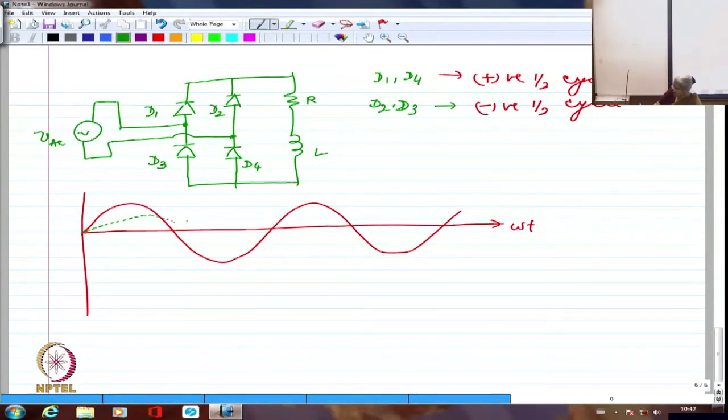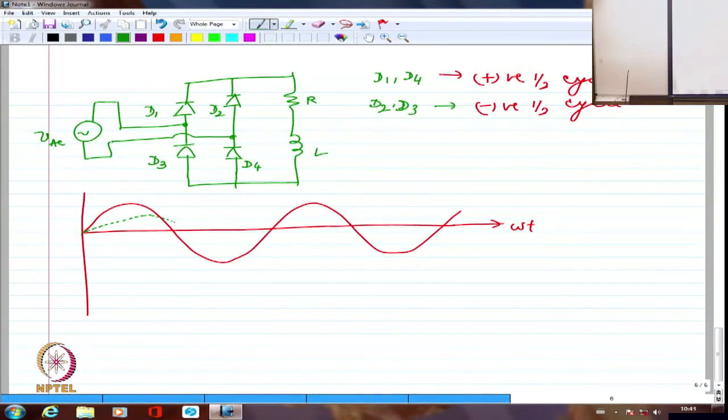Agreed. But when the negative half cycle starts, I'm going to have again D2 and D3 taking over, right? When the negative half cycle starts, I will have D2 and D3 taking over. Previously in the half wave rectifier, we saw that in the negative half cycle, VAC will start opposing the flow of current. Whereas here, that will not exist. That opposition will not exist.